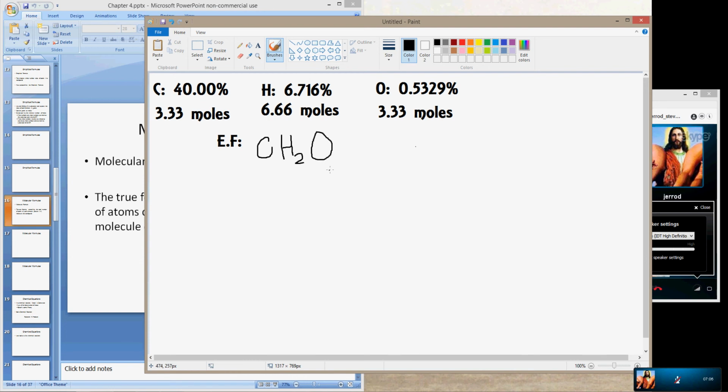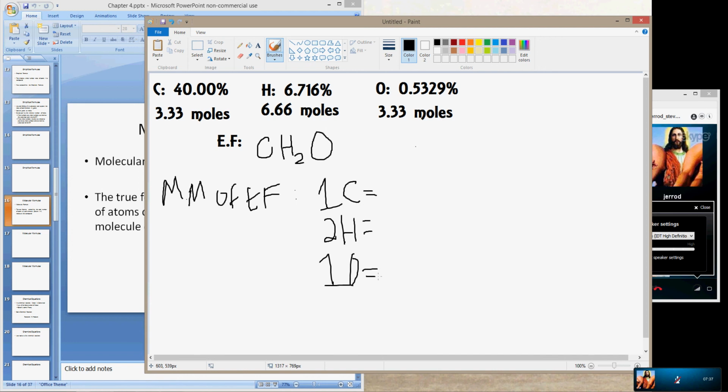So what you're going to do is find the molar mass of the empirical formula now. To find it, you add. You've got 1 carbon, 2 hydrogens, and 1 oxygen.